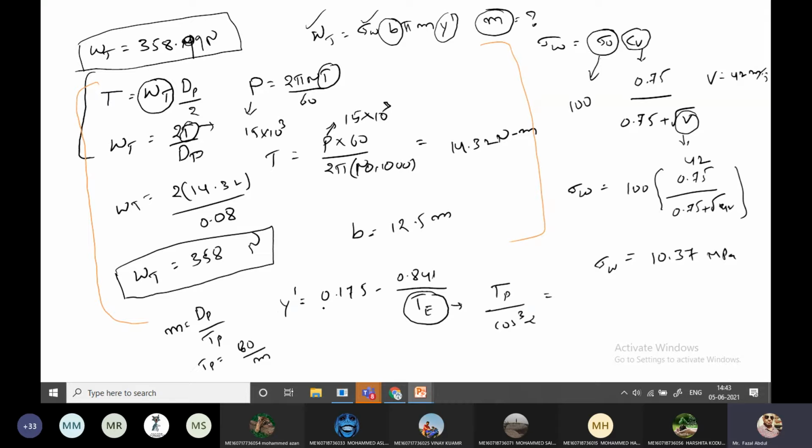Now substitute here TP as 80 by m into cos cube alpha. Cos cube alpha value, how much is given in the question? Alpha value is 45 degrees. So TE value you will get in terms of module, isn't it?